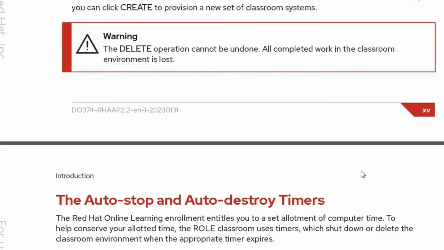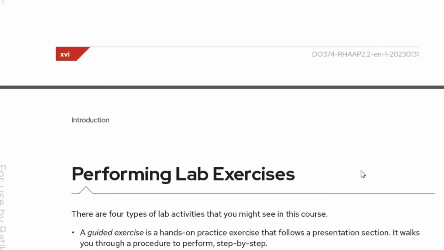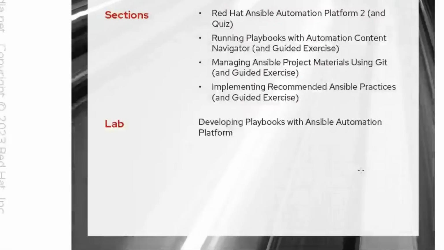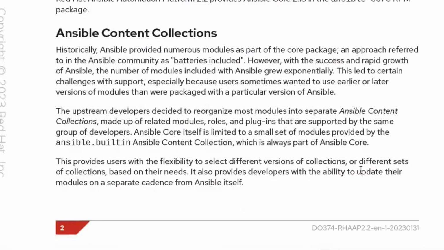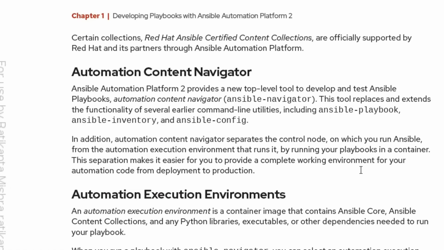Hope you got the difference between the older concept and what new concept they have introduced in Ansible automation platform, right? So we discussed about tower. We discussed about this Ansible content navigator, which is the replacement of all these commands those we were using previously. But now this is only a single command, Ansible navigator.